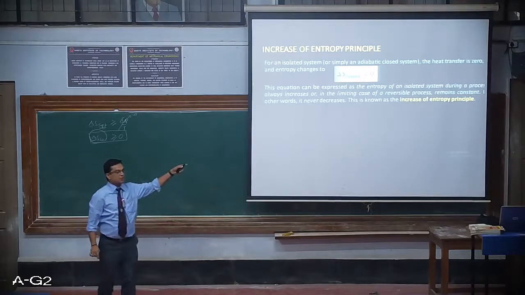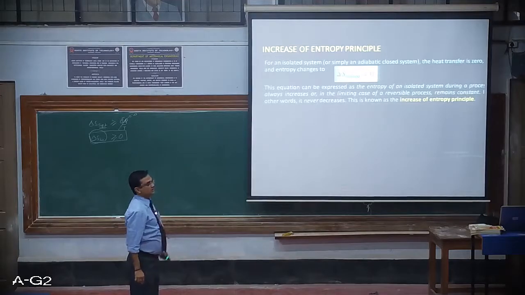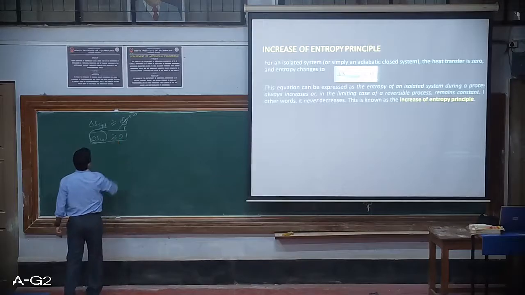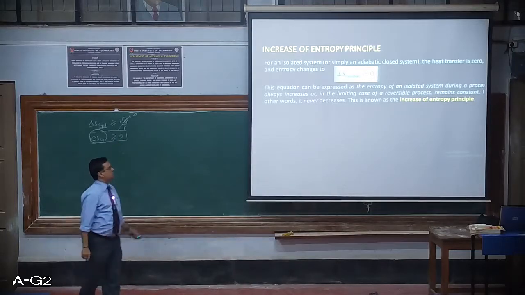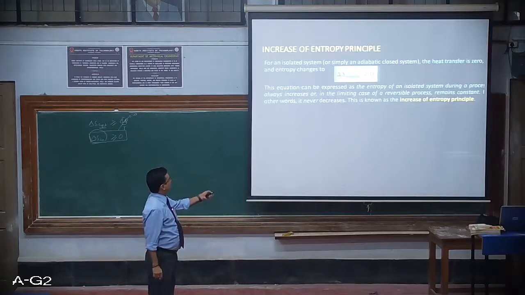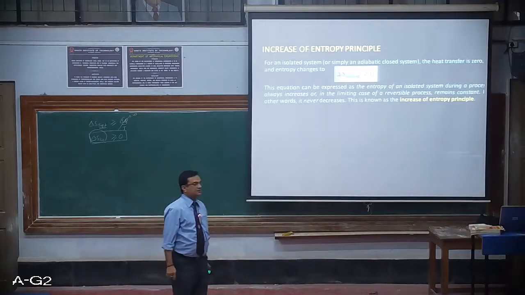That means it is going to be positive and hence always it increases, or in the limiting case of a reversible process, this equality is valid, but it will never decrease. That is the important thing. It will remain constant, that is 0, or in other words, it never decreases. This is known as increase of entropy principle.